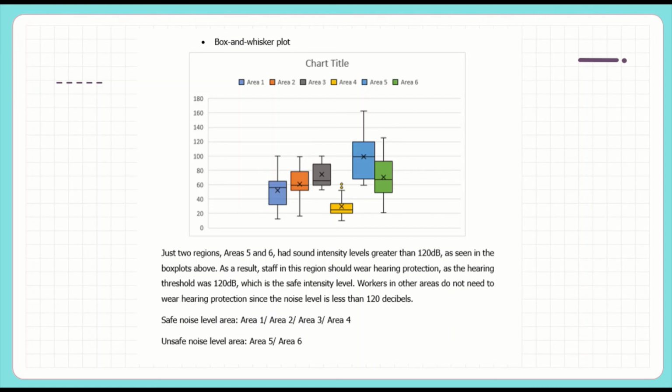Workers in other areas do not need to wear hearing protection since the noise level is less than 120 decibels. So we can sum up all the data and the findings we got. The safe noise areas are Area 1, Area 2, Area 3, and Area 4, while the unsafe noise level areas are Area 5 and Area 6.